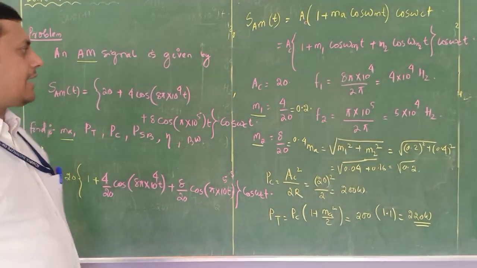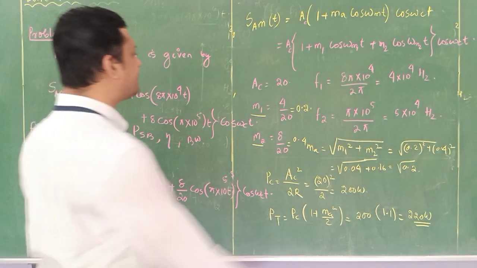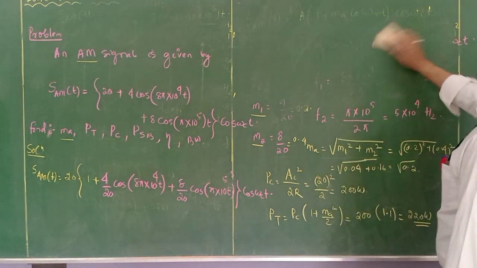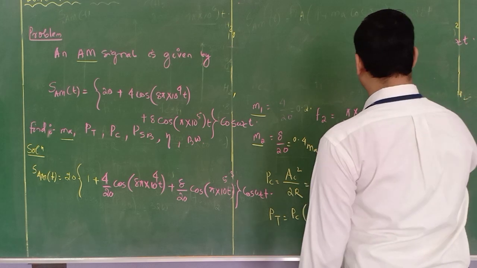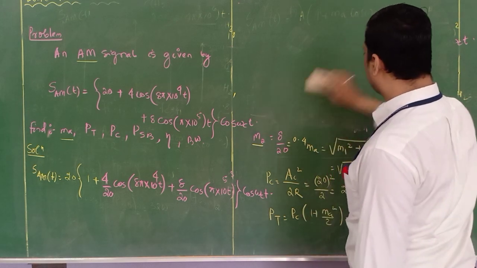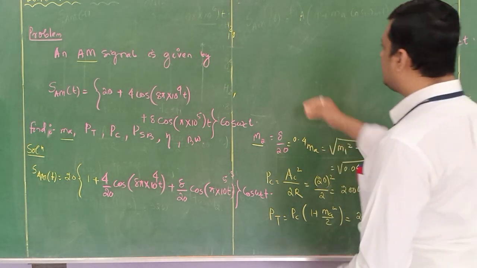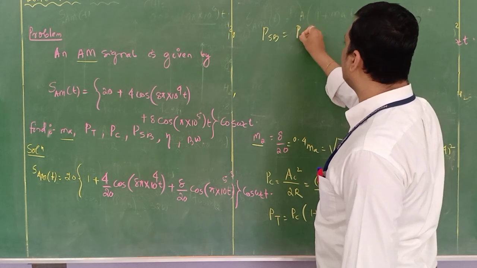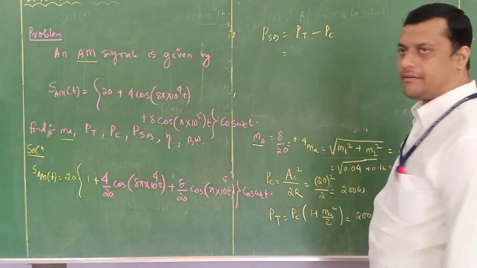And what else we have to calculate? The sideband power we have to calculate. So sideband power is equal to transmitted power minus carrier power.